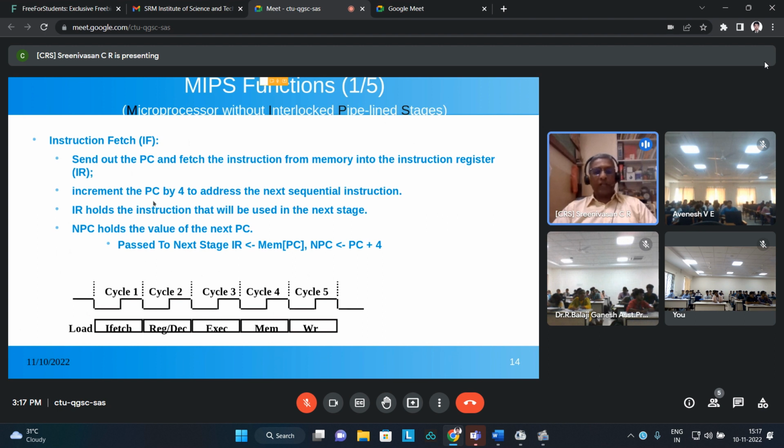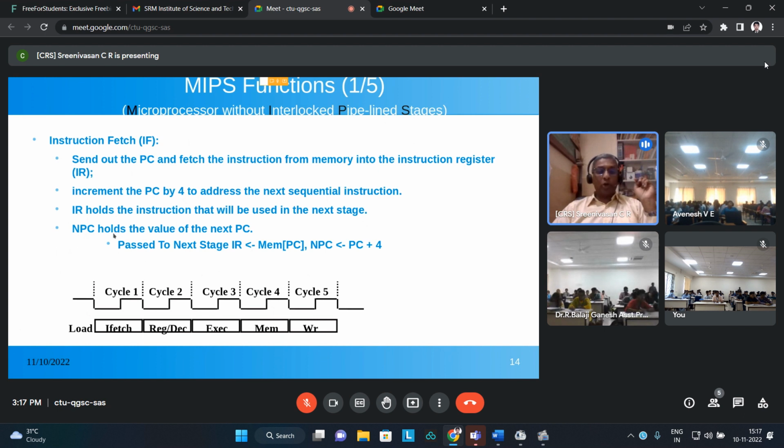And the program counter is incremented by 4 to address the next sequential instruction, because it requires 4 clock cycles to conduct an instruction as per our initial definition. So IR, the instruction register, holds the instruction that will be used in the next stage.